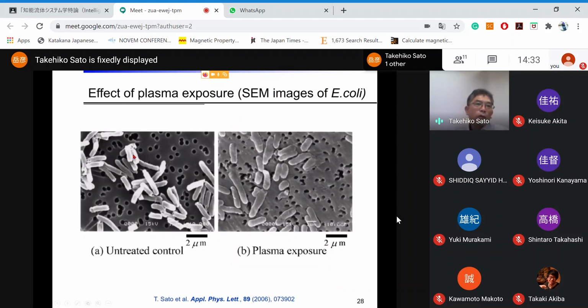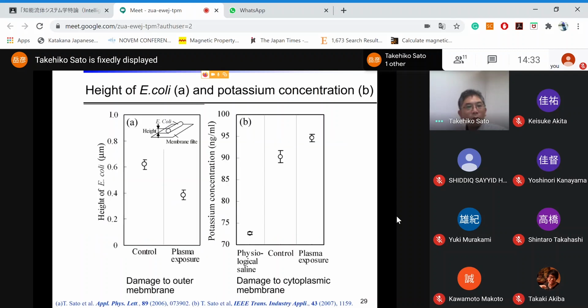And this is Escherichia coli, E. coli, untreated, and this is after treatment. It looks similar, but this is dead. The shape is changed a little bit cross-sectionally.